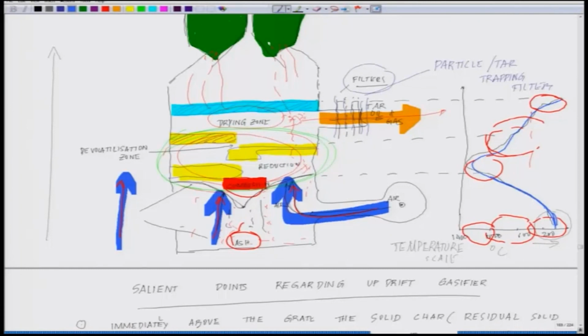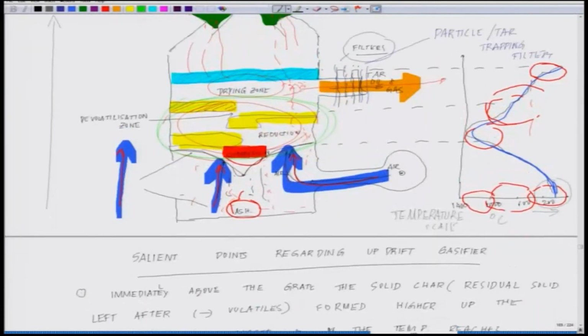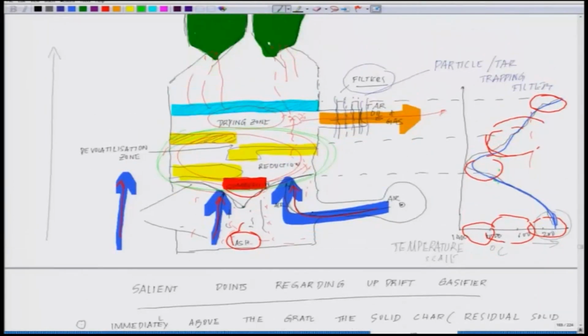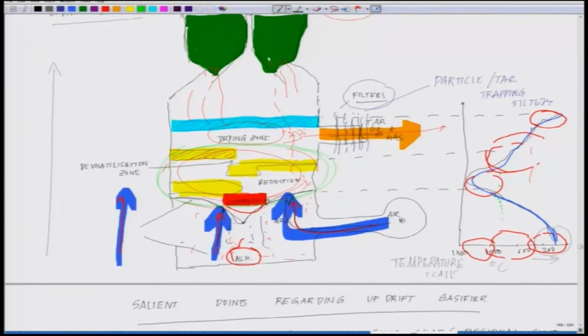As compared to here, just for your understanding, I am doing this, do not get confused. Here what is happening is more like this. So, there is a shift in the downdrift and this is the updrift. DD stands for the downdrift gasifier.